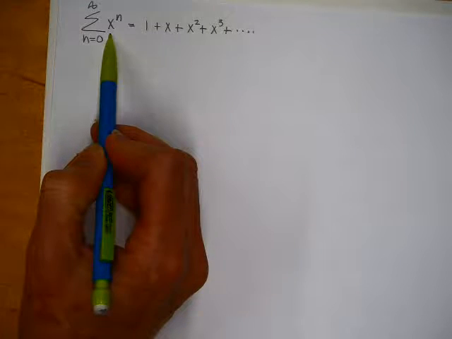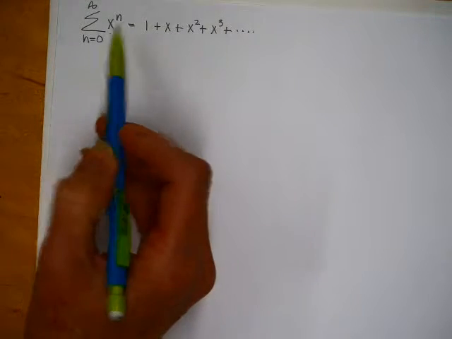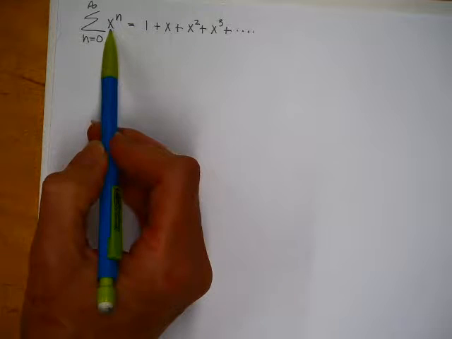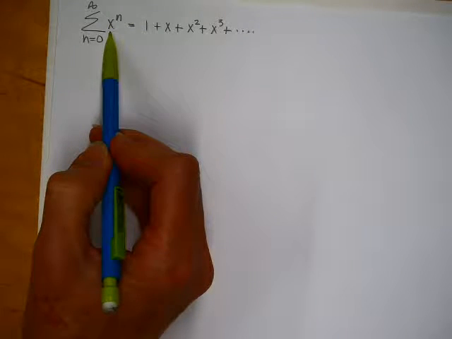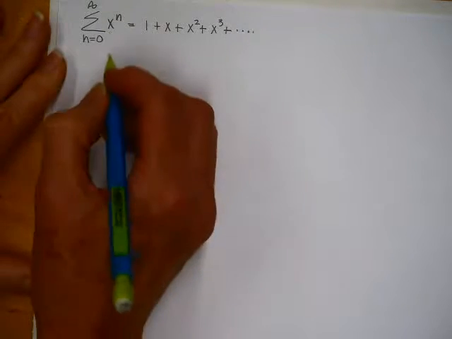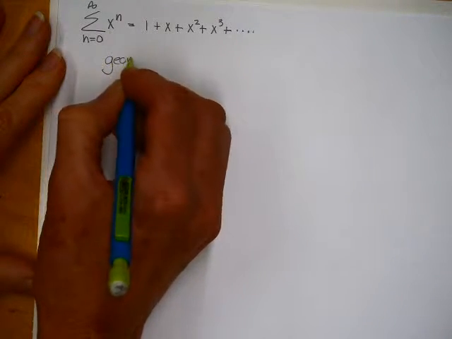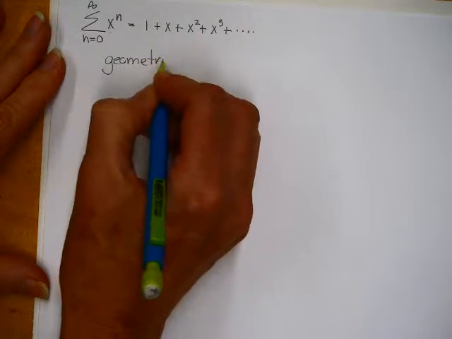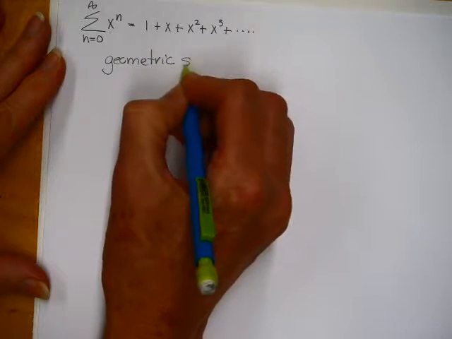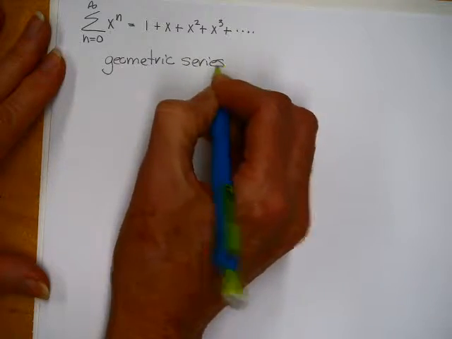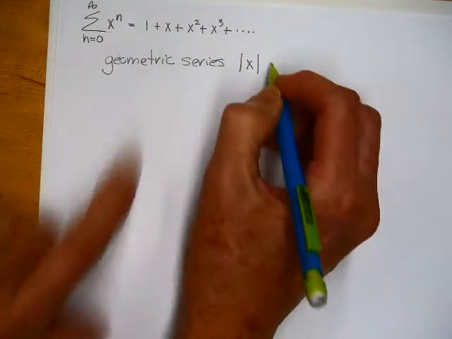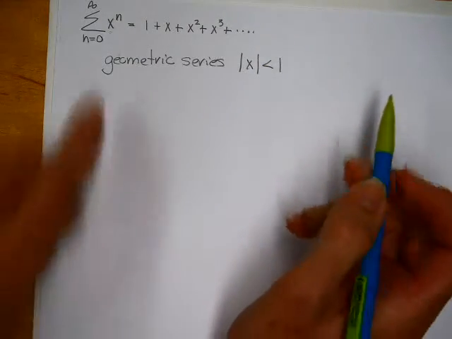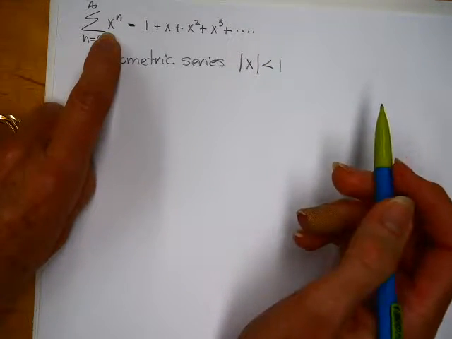X can be any number in the whole wide world, which makes you think that this might look like a geometric series. If you start putting numbers in here for x, then this becomes a geometric series. And you know that a geometric series converges when the absolute value of that number r is less than 1, because this is your r, this is your common ratio.